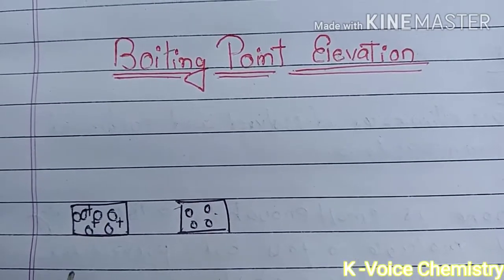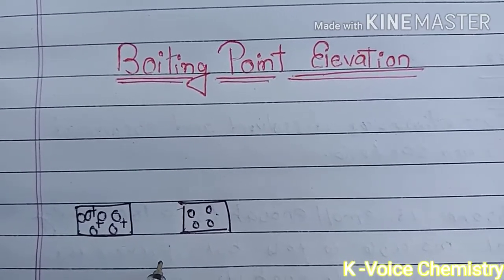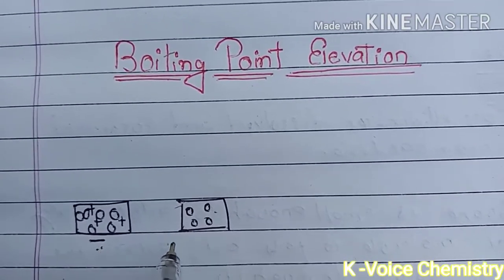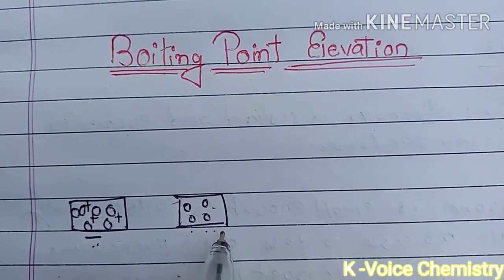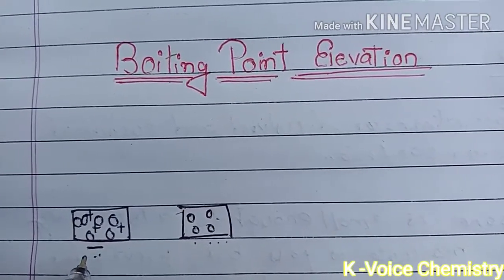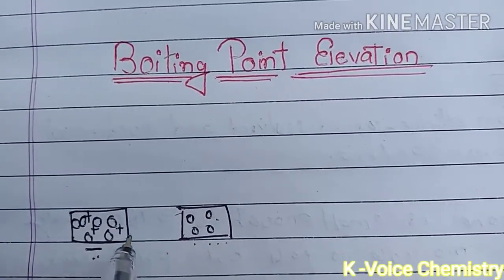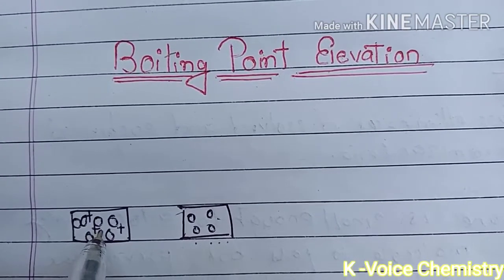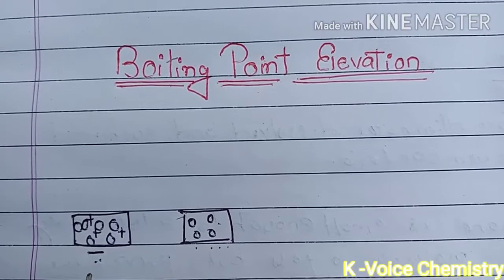So what I am saying is that the boiling point of this solution will be more as compared to this pure solvent. Why? Because in this solution there is a presence of solute molecules along with the solvent molecules.